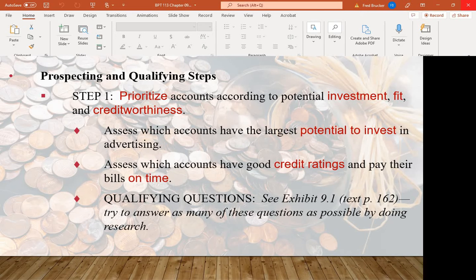You always want to assess which accounts have the largest potential to invest in advertising, taking stock in all the things that we just talked about. You don't want to waste your time dealing with somebody that doesn't fit the criteria, or as you get to talking to them that you can sense that it's going to be a real hard road to try to convince them that the investment of advertising with you is worth it.